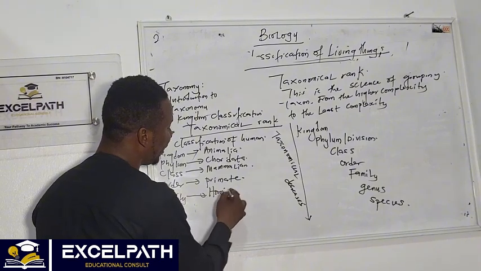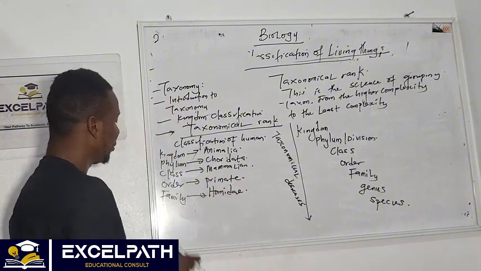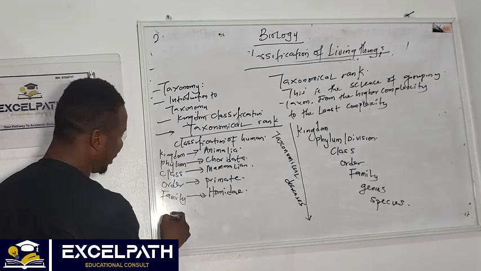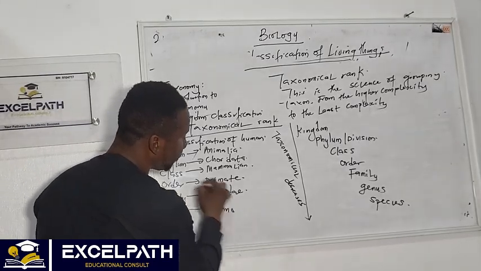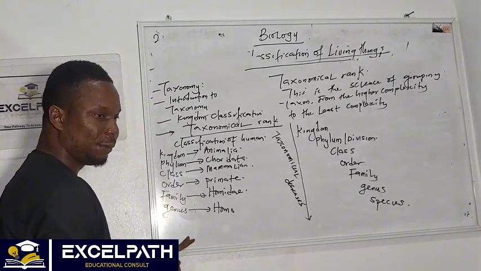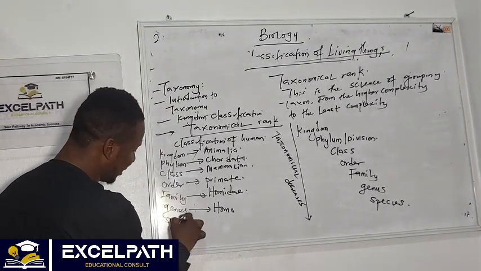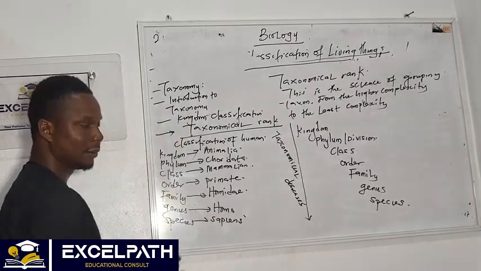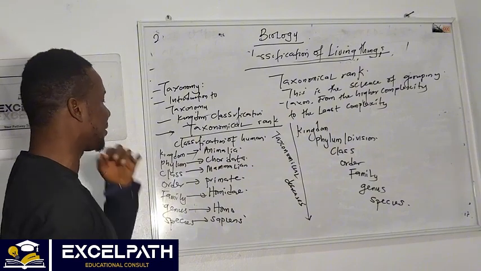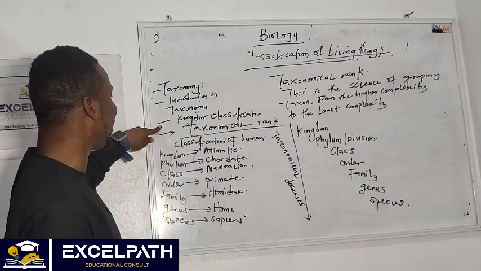Hominidae. And our genus name is known as Homo. And the species name is what? Sapiens. So this is the act of classifying human beings.